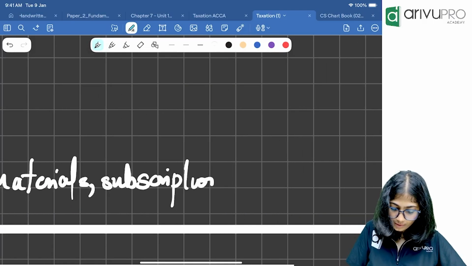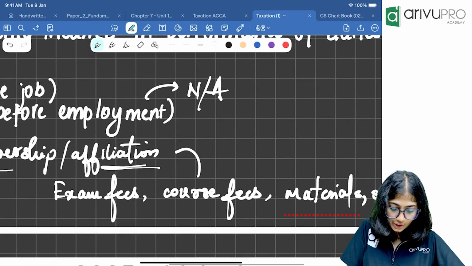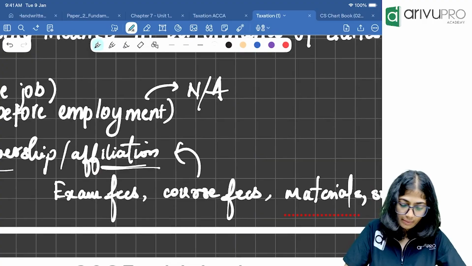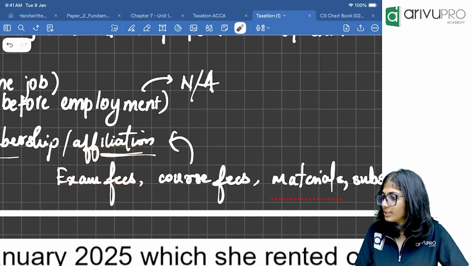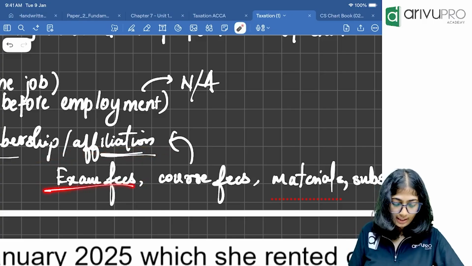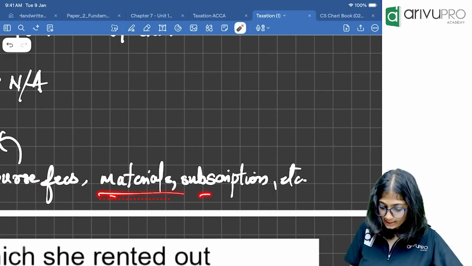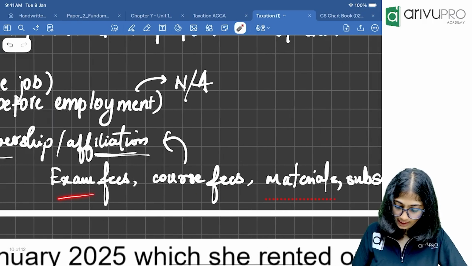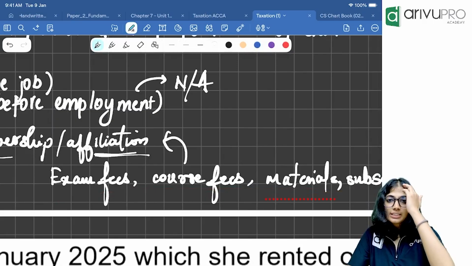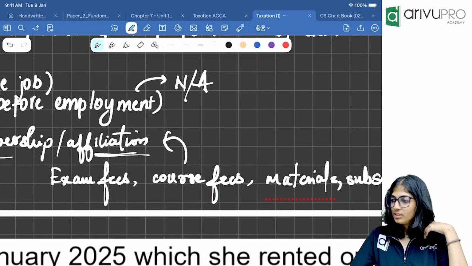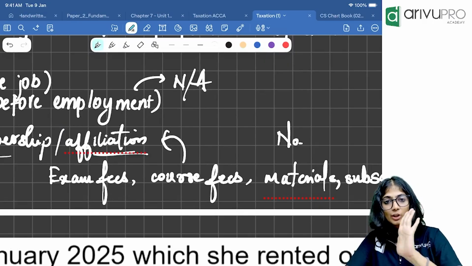All of these expenses you are going to incur to get this affiliation. You got this affiliation before you became a financial analyst. Was it in the process of performing your duties as a financial analyst? No, it's not. The job you got because of it.